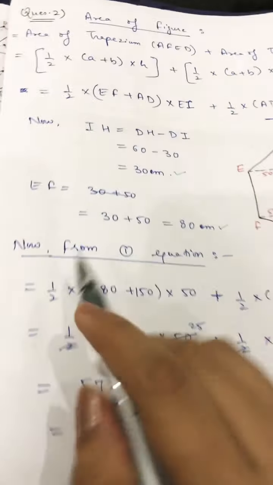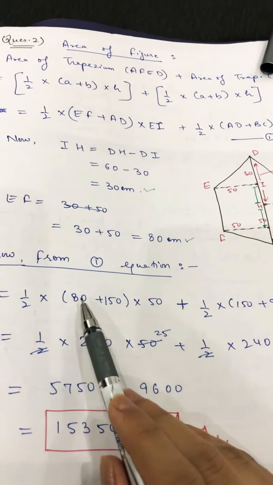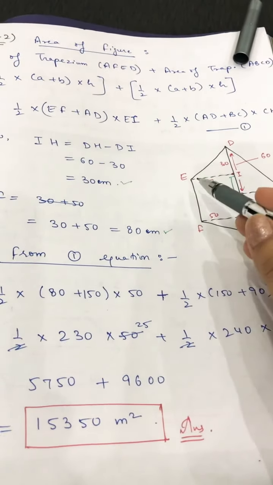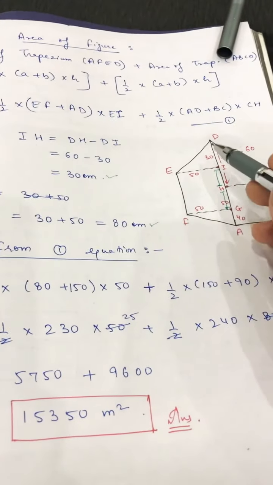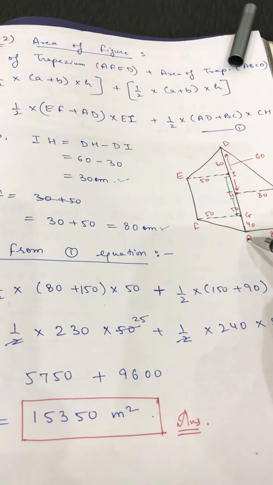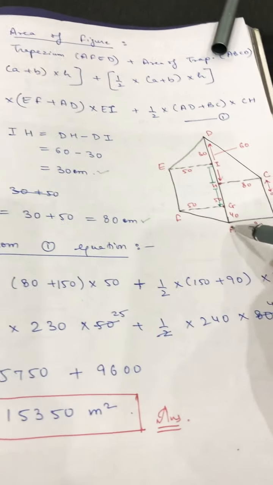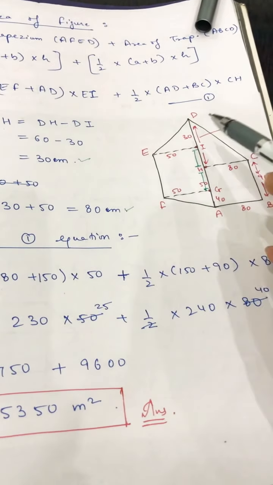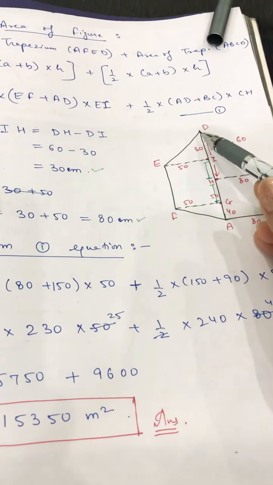Now let's start with the first trapezium. Half multiply by A plus B. My A is now 80, and B is the complete one. How much will B be? B is 150. 150 is not directly given.